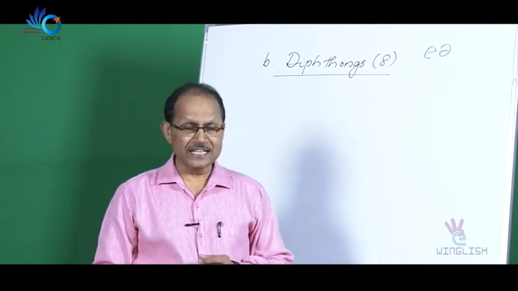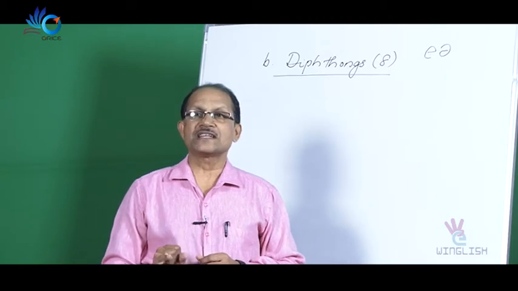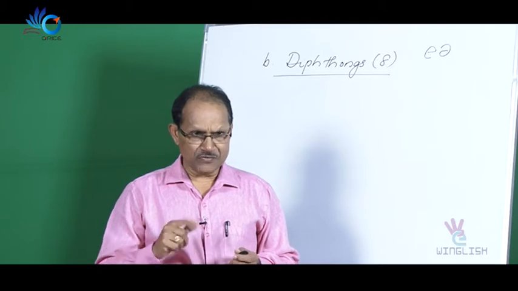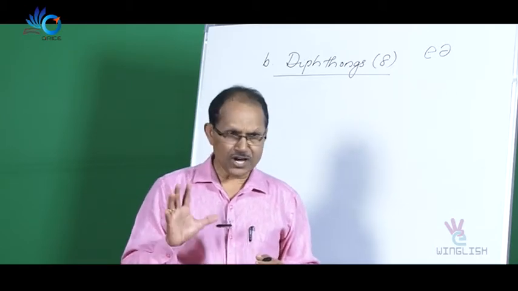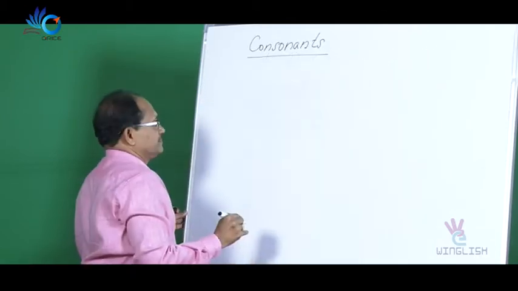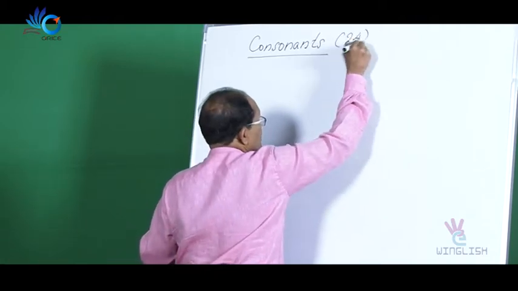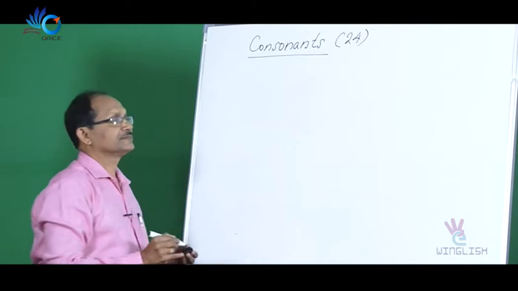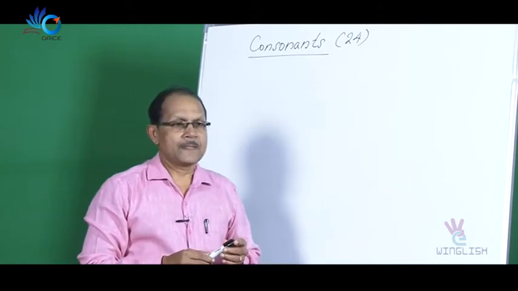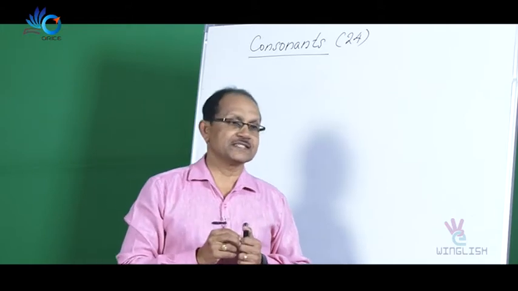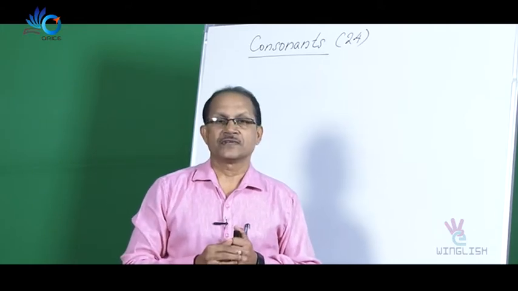So, we have seen the pure vowels and the diphthongs. I think now we shall move on to the consonants. We know there are 24 consonants. Now we group consonants in so many ways.